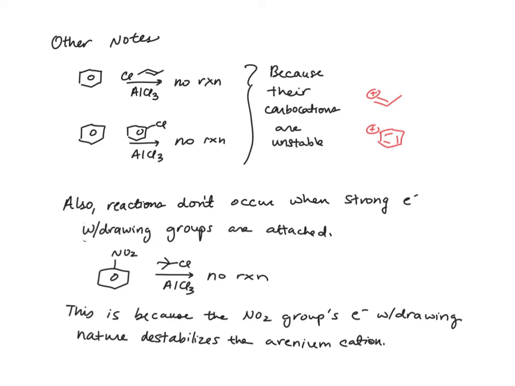So let's say that you've got nitrobenzene, and we all know that nitro groups are very electron withdrawing. So they're so electron withdrawing that this alkylation does not occur. This is because the nitro group's electron withdrawing nature destabilizes the arenium cation. So we want electron donating groups to stabilize the arenium cation. Nitro groups are no good.